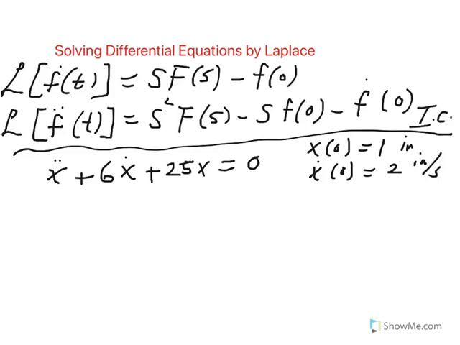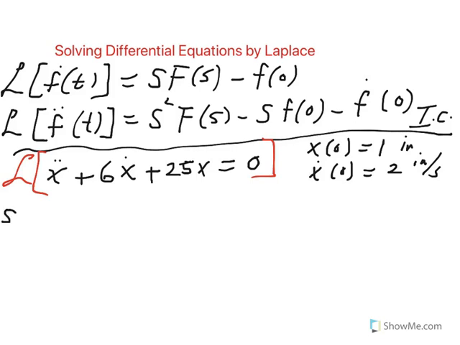Okay, so let's try to find the Laplace of this homogeneous second order differential equation. Second order because the highest derivative is 2. We have to take the Laplace of this equation. Remember, now we're using x instead of f.